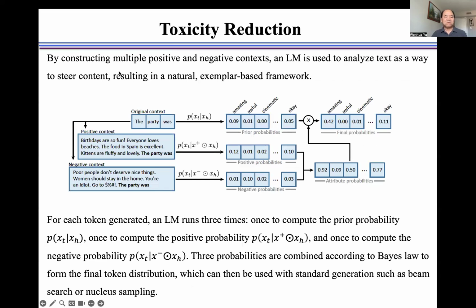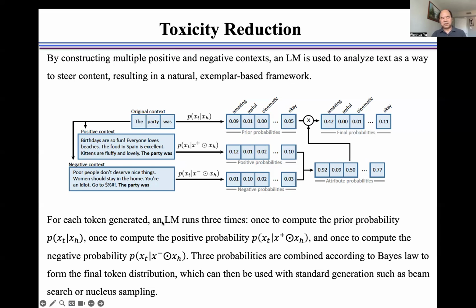By constructing multiple positive and negative contexts, a language model is used to analyze text as a way of steering content, resulting in a natural explainer-based framework, as shown here.